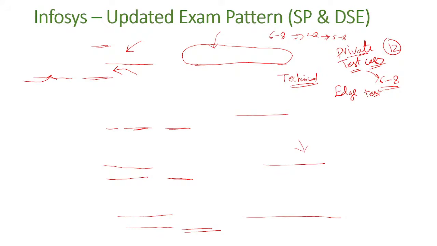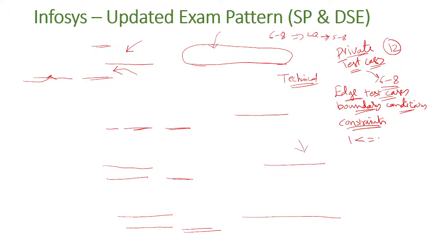Edge test cases, or we call them boundary conditions. Mainly the code fails on these boundary conditions. Boundary conditions means you should look at the constraints provided in the problem statements and take care of them.